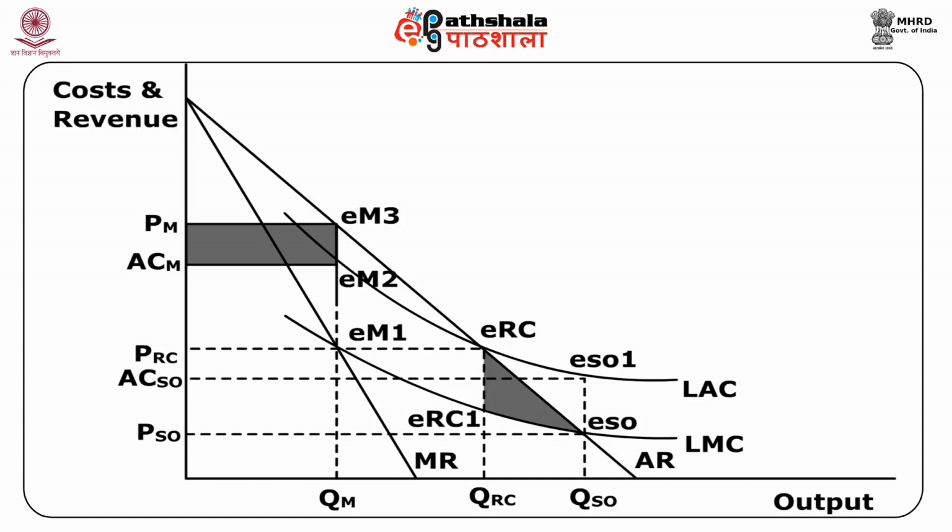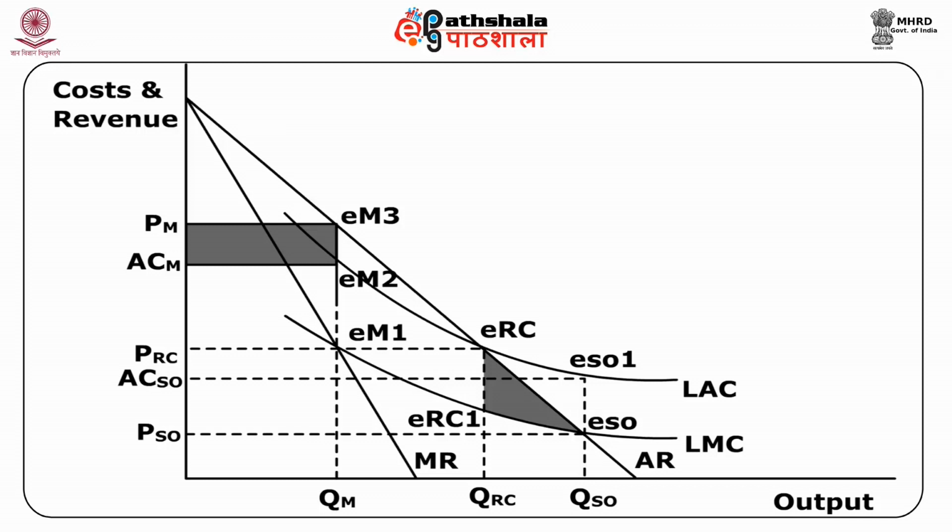The public utility would therefore not supply the social optimum output equal to QSO unless it is provided with subsidies to cover its losses.